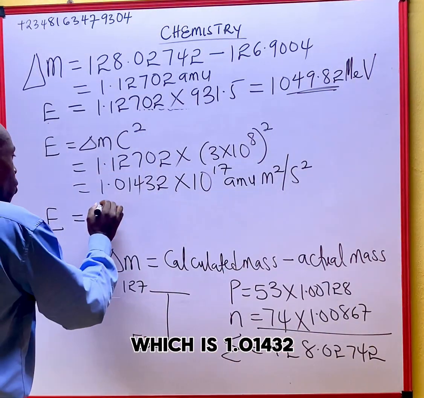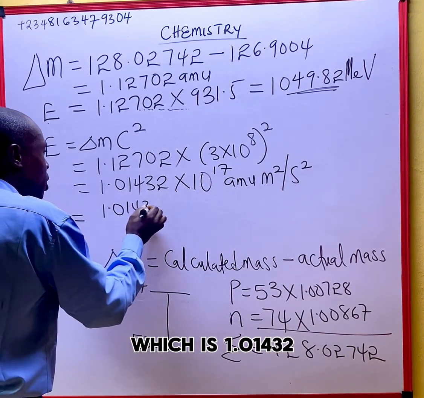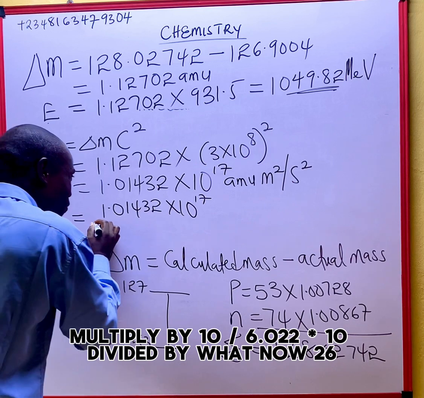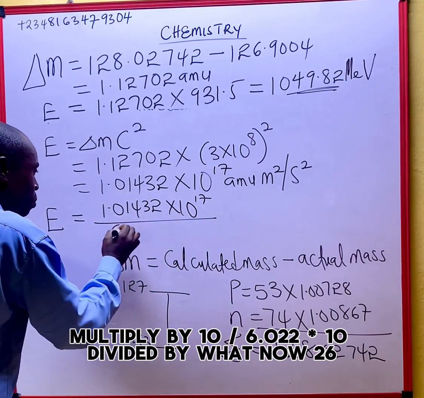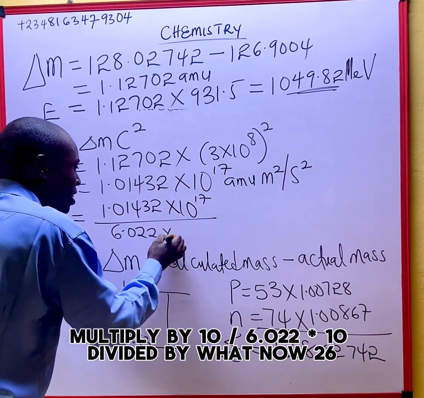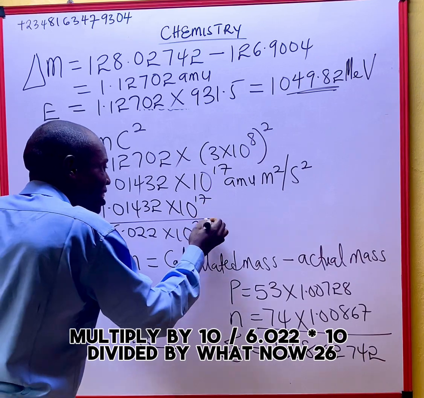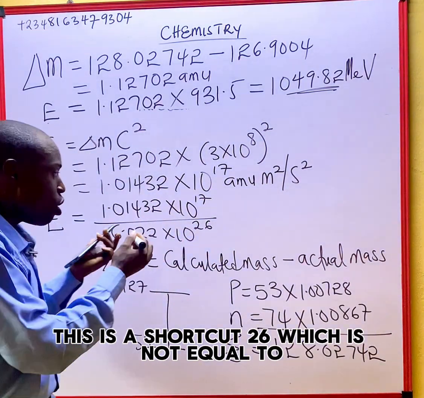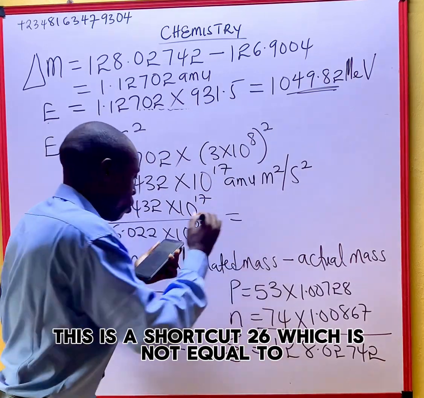So 1.01432 multiplied by 10 raised to the power 17 divided by 6.022 times 10 raised to the power 26. Use this constant. I already did all the shortcut. This is a shortcut, the raised to the power 26.